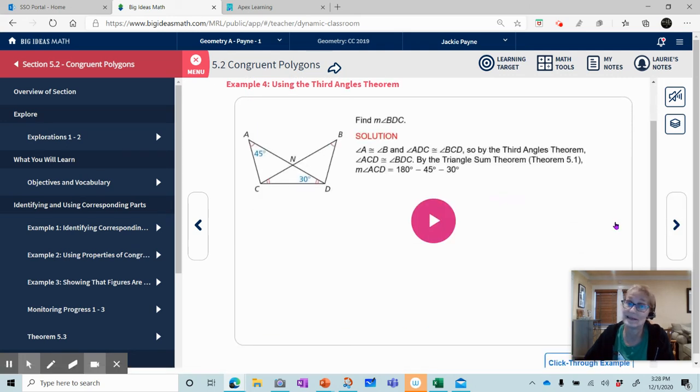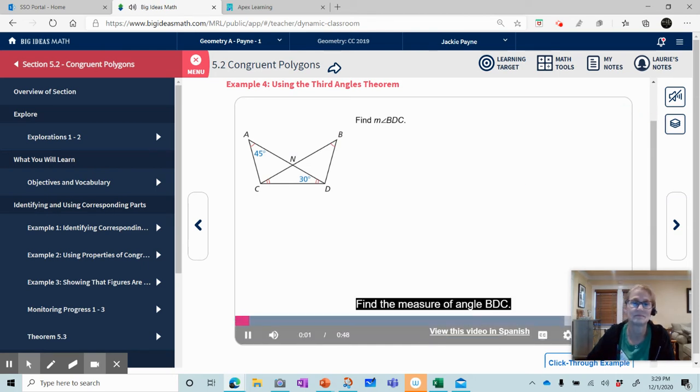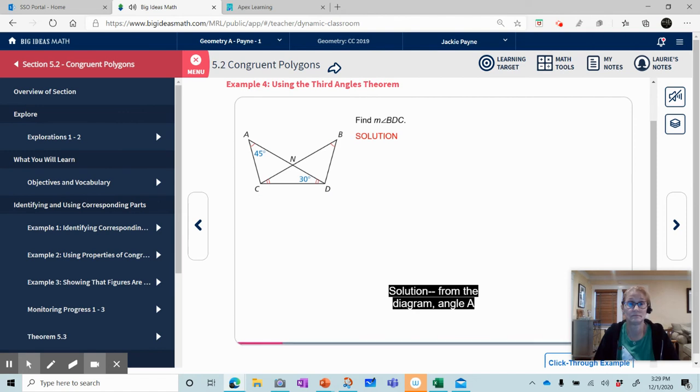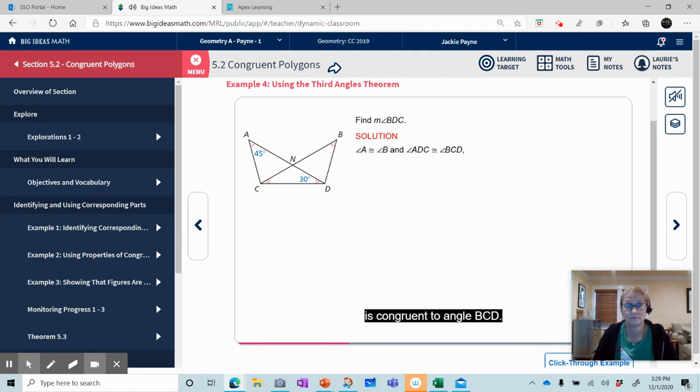So here is an example, and watch the two separate triangles closely. Find the measure of angle BDC. Solution. From the diagram, angle A is congruent to angle B, and angle ADC is congruent to angle BCD.